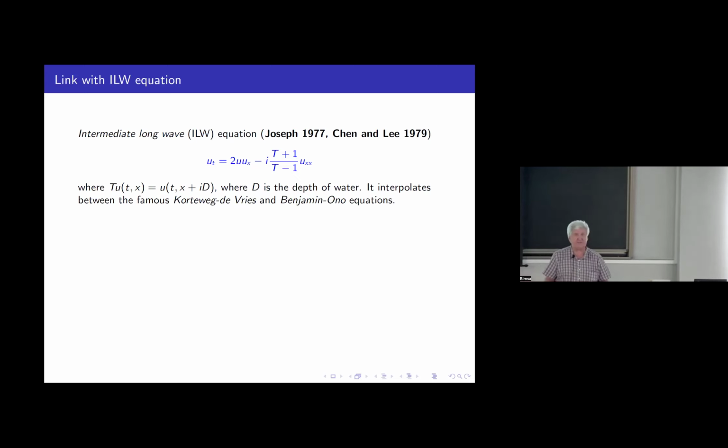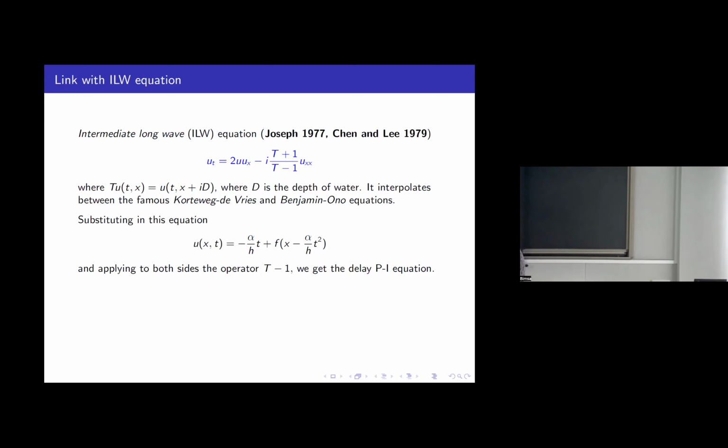So there is a parameter d here, the depth, and t here is also a shift, but in the imaginary axis, so id. This was written by Joseph, but in integral form, in this form, it's Chen and Li, 1979.